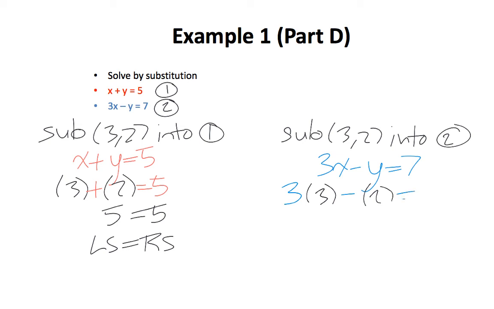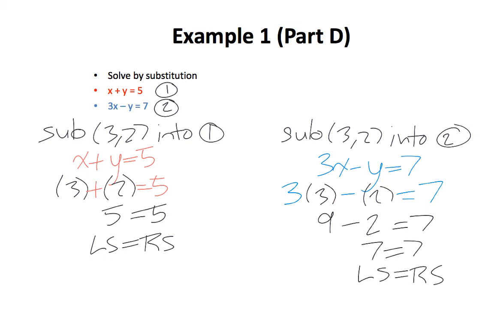The equal 7 stays the same. 3 times 3 is 9. That's negative 2. 9 subtract 2 is 7. So 7 is equal to 7. Therefore, the left side is equal to the right side, which means the point lies on the line.